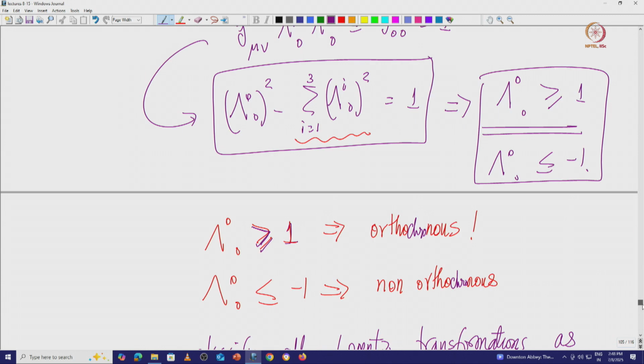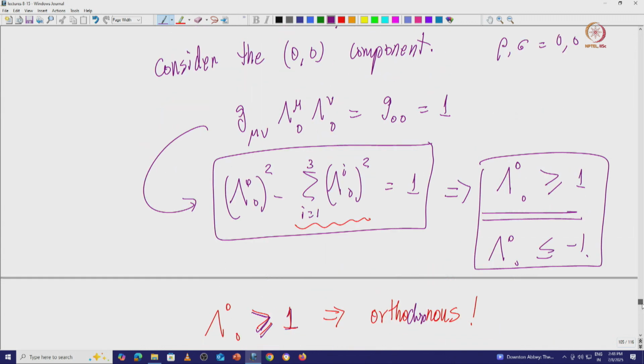The lambda 0 0 element, as you can see, can either be positive and greater than or equal to 1, or negative and less than or equal to minus 1.